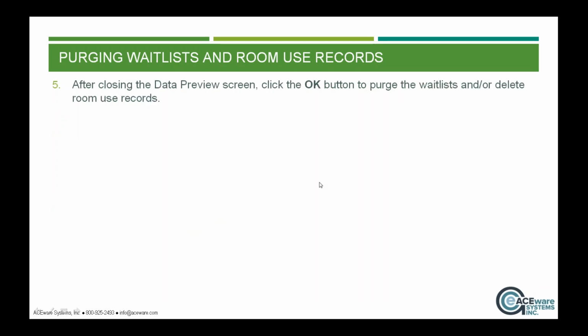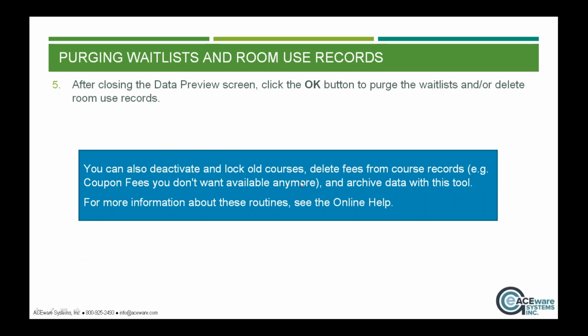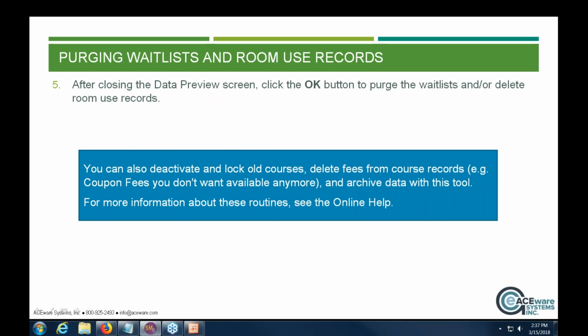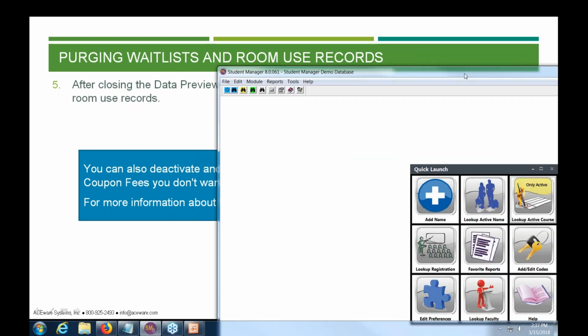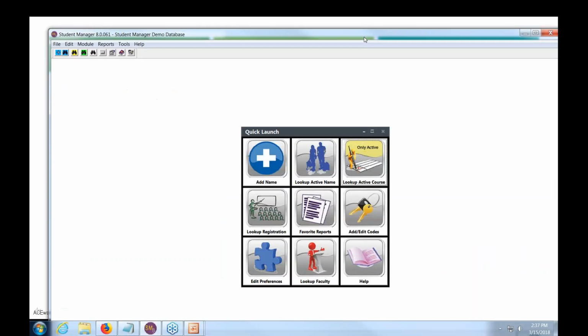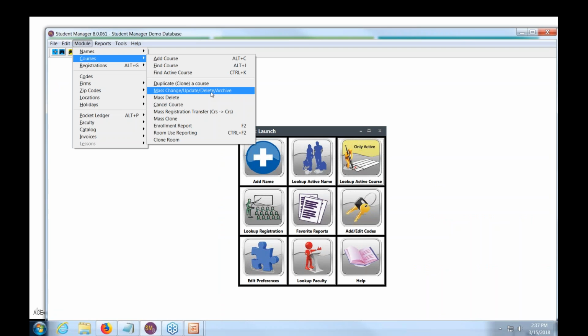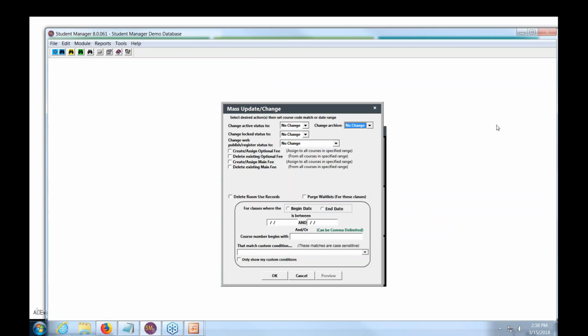It's very straightforward. As you probably saw when we looked at the screen, you can deactivate and lock old courses. You can take care of fees, all these kinds of things. And that is probably one of the real good ones in terms of this particular routine, the mass change, update, delete, archive.